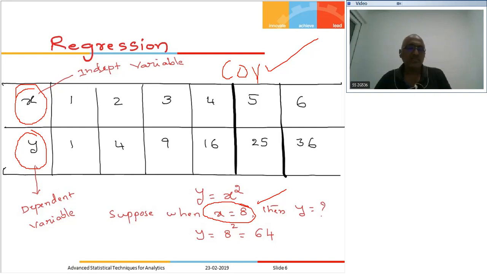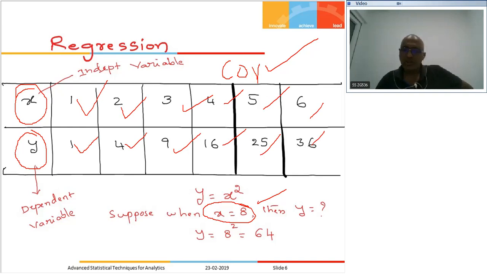Here in this case, it is very easy for us to identify a relation. If you see, 1, 1, 2, 4, 3, 9, 4, 16, 5, 25, 6, 36.